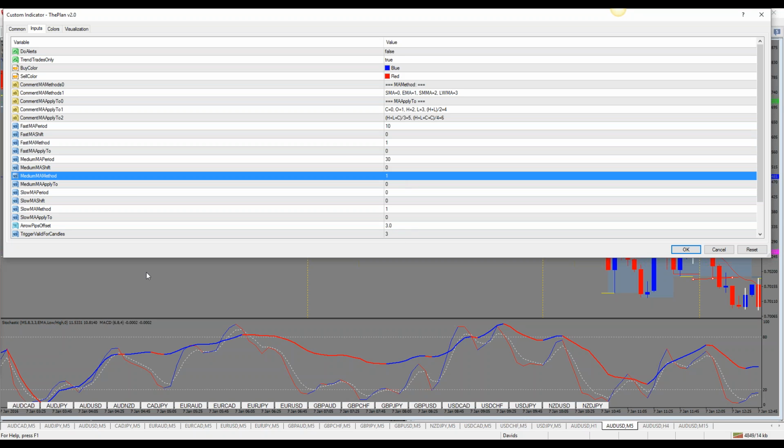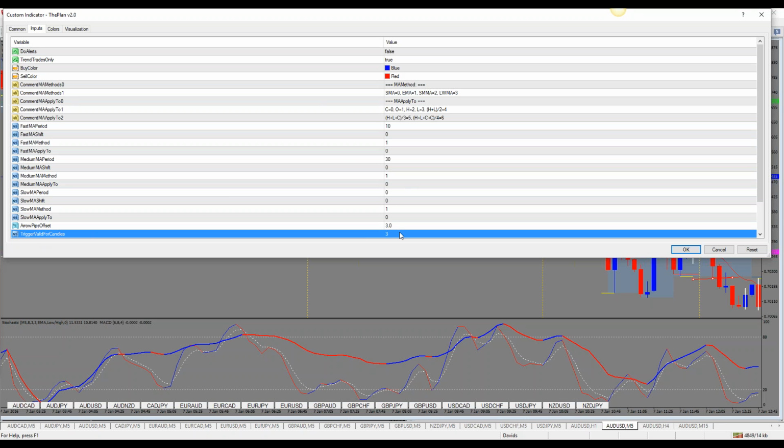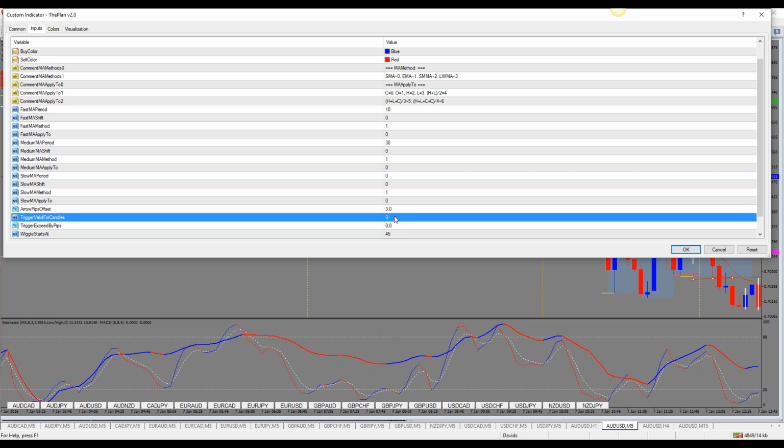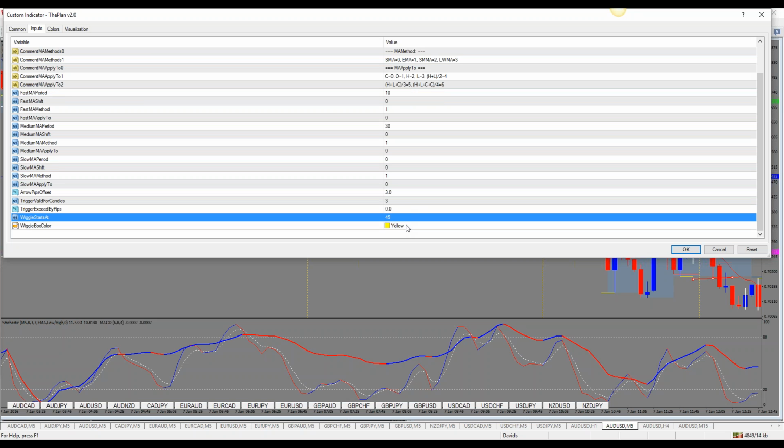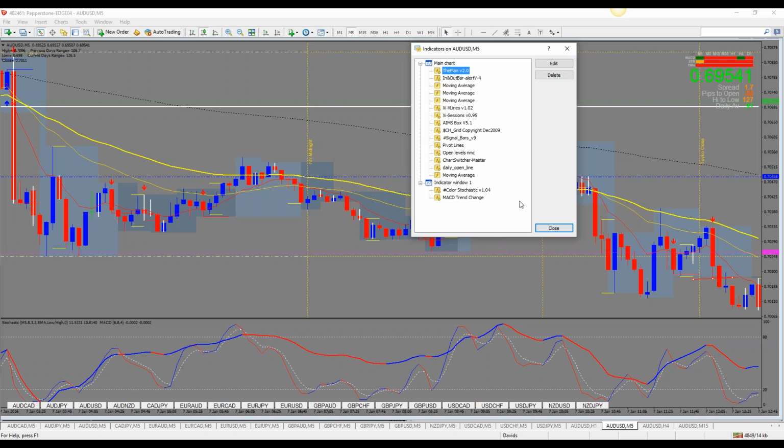It's going to give me a trigger for 3 candles. It puts that line that you see on there, offset by 3, and then I have what's called the wiggle, which is the last 45 minutes of the hourly trading period, all marked out with these yellow lines that I have here.